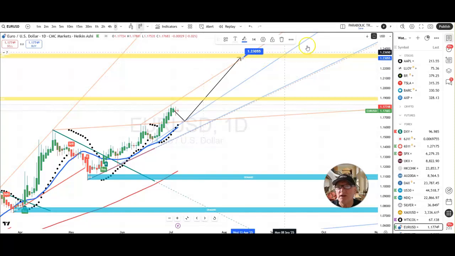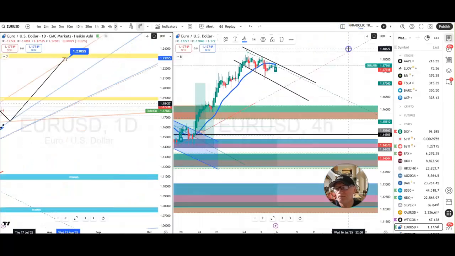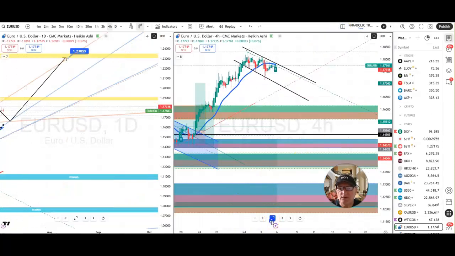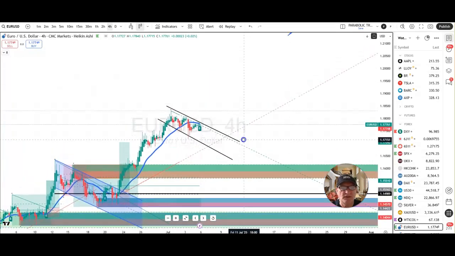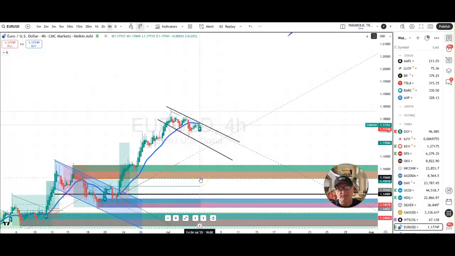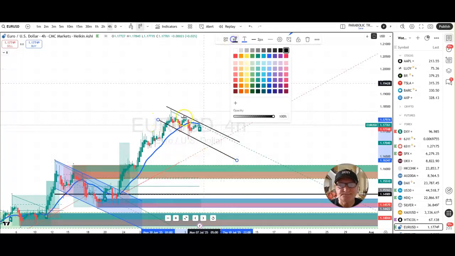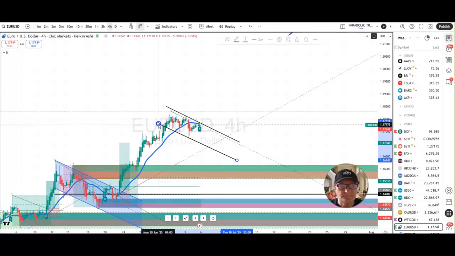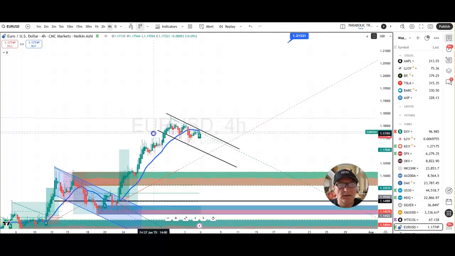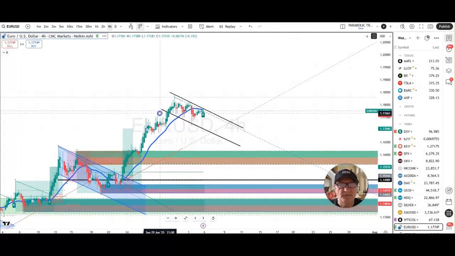Now if you're a swing trader, just wait for the price to come down on the 4-hour chart. We can see that there is a bullish flag momentum. A bullish flag is forming, as you can see.